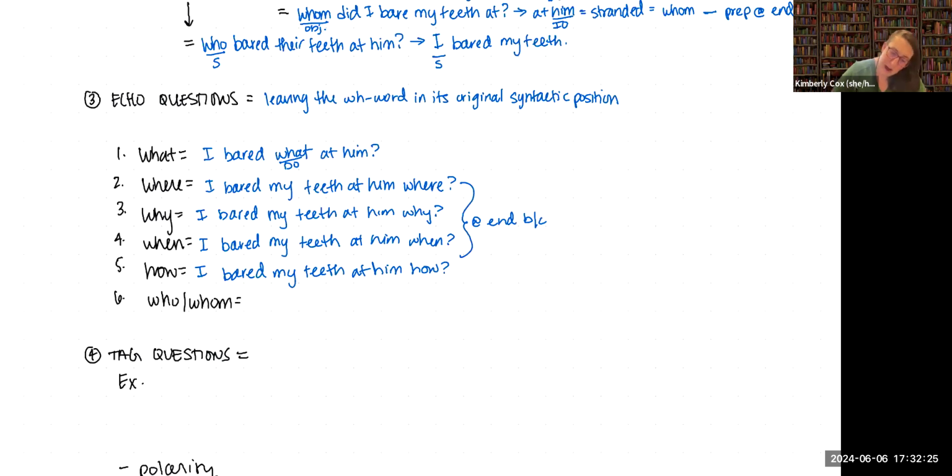And you'll notice all of these are at the end because they provide additional info, right? So they're not actually filling one of the main functions in the sentence. They're not like subject, verb, direct object, subject complement. Now, that's a little bit different when we get to who versus whom, right?